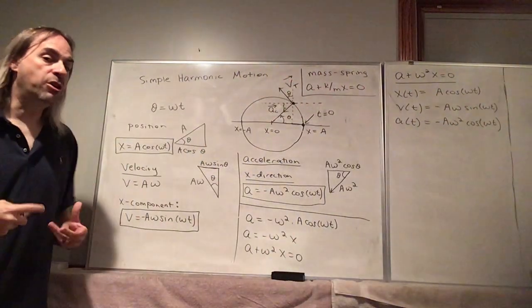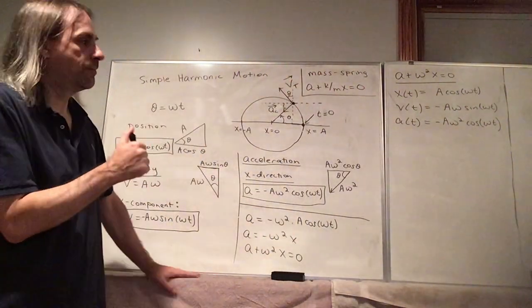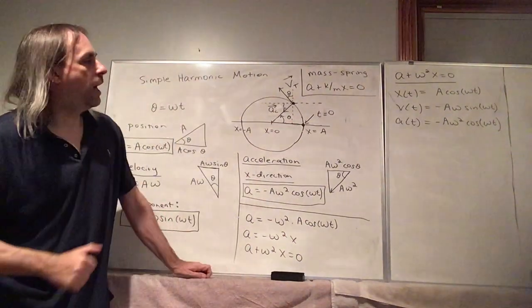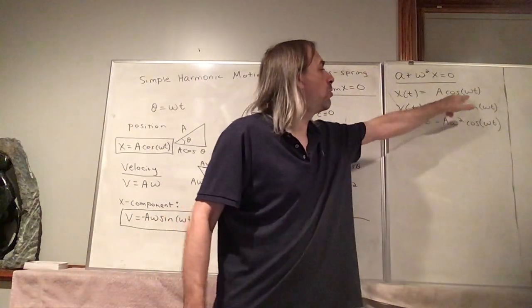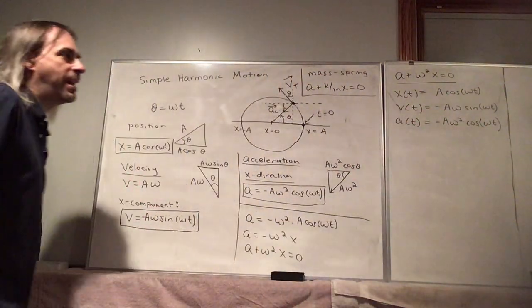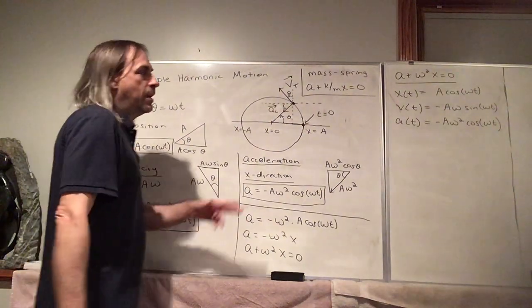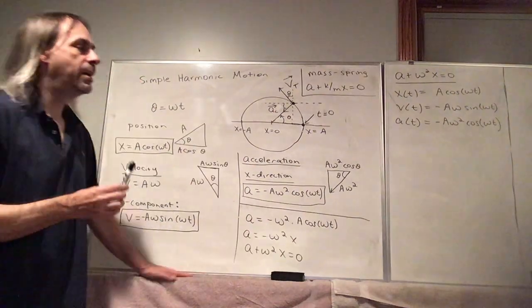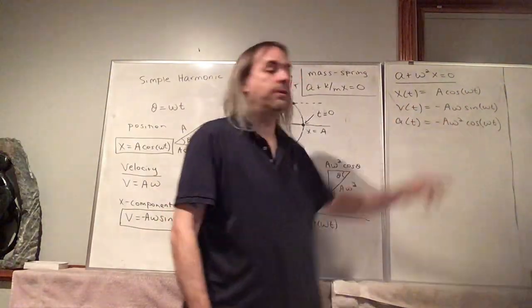Now I say it's a particular solution because we started out with, at t equals 0, cosine of 0 is 1, x equals A. And if you just look at x as a function of time, it starts at x equals A.